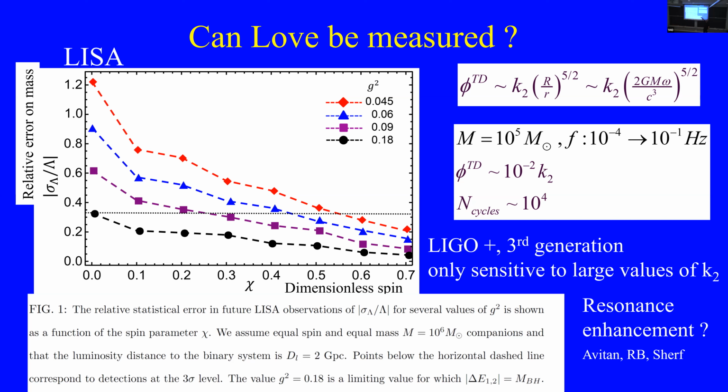The reason that it's better to have spinning black holes is mostly because part of the energy of the spin is going to the orbit and then to the internal structure, and also because the innermost stable circular orbit, the ISCO, is smaller for spinning black holes.